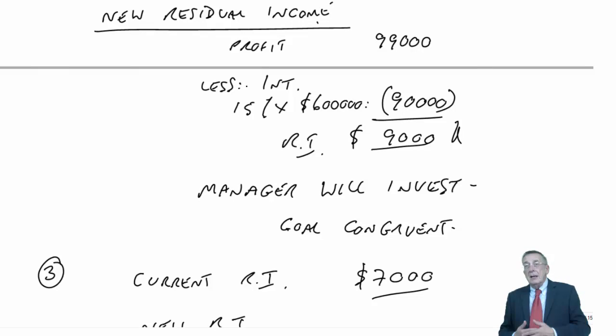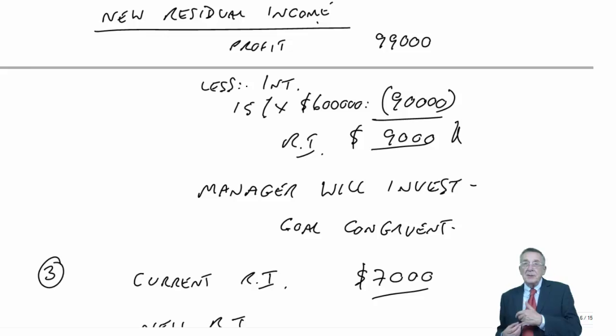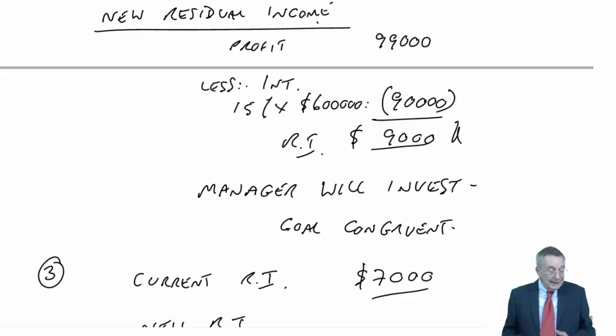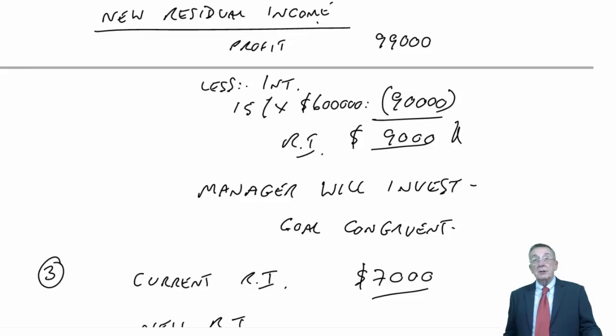If they're taking on what we think is a very risky investment, we could perhaps apply a different percentage. But it's less familiar, and it's not useful for comparing two divisions when they're of different sizes.